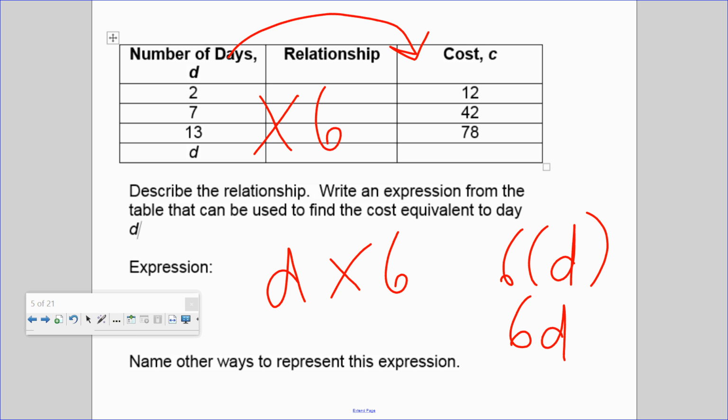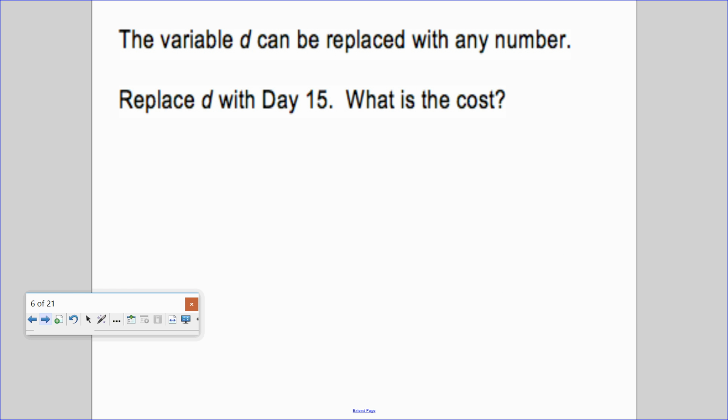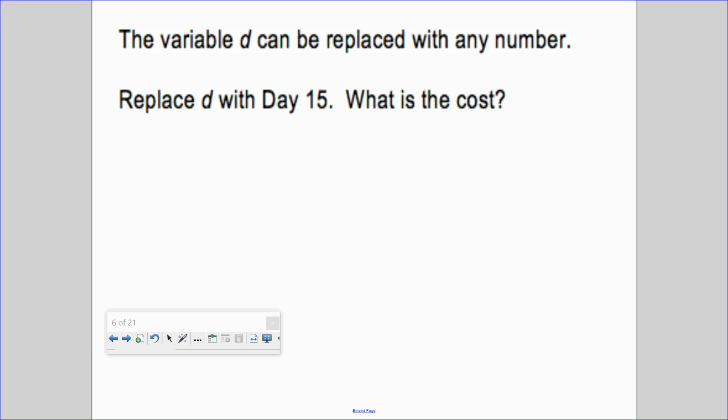All of these are other ways to write this expression. Personally, I prefer this one because you're multiplying the number of days by 6 to find the cost. The variable d can now be replaced with any number. To replace the d with day 15, what will the cost be?